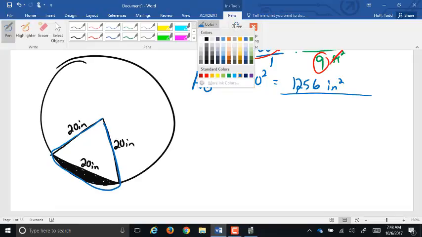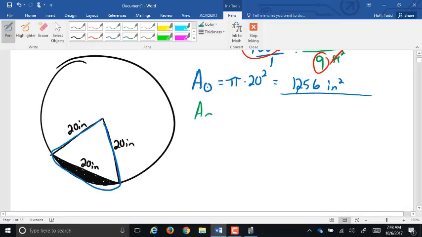To find the area of the sector, we need to know that angle right there. What's it going to be? 60 degrees. And we know that because all three sides are the same: 20, 20, and 20. And if all three sides of the triangle are the same, all the angles are 60 degrees.